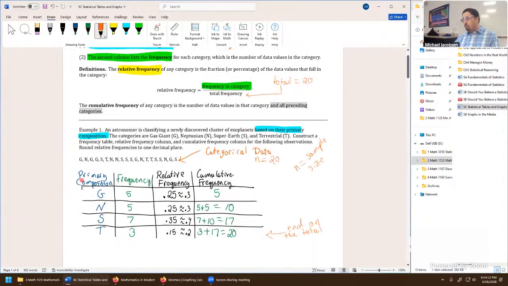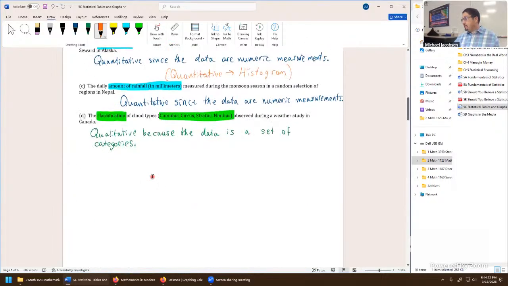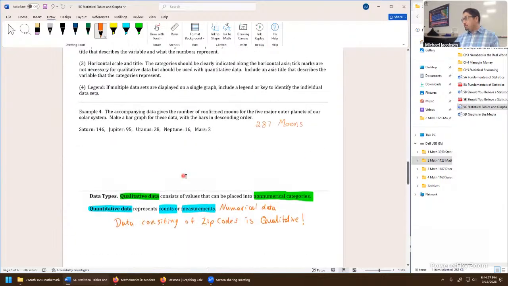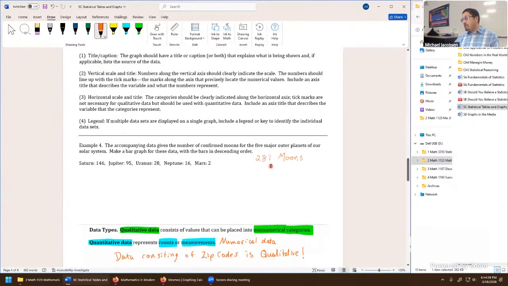We had counts here as well when we looked into the frequency for all of these categories. So just because we see counts doesn't mean the data is quantitative whatsoever. What we're really doing with the data, which was 287 moons, is we categorize them according to which planet they belong to in the very first place.